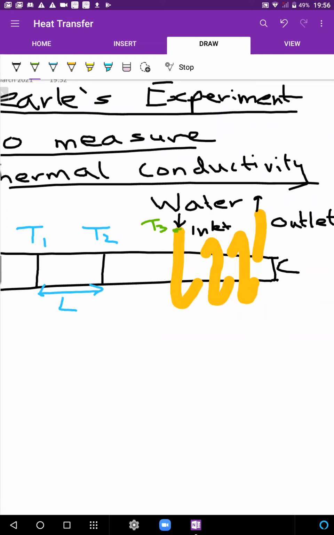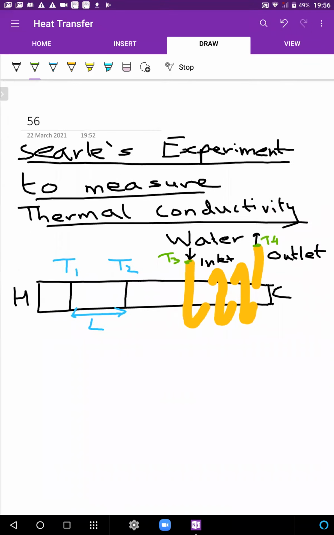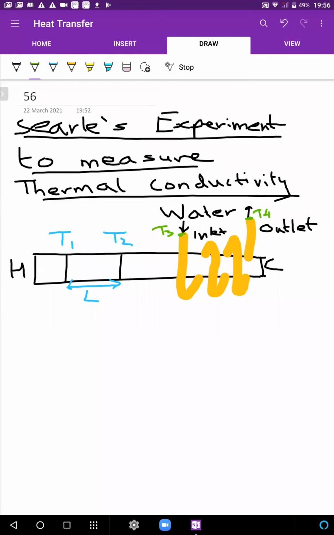Some of you are asking, is water behaving as a coolant? In a way, it is definitely taking some heat from the rod, or it's exchanging some heat from the rod. So water is getting heated up in the process. So its temperature is changing by the time it leaves. All right. Now, what all are you given?